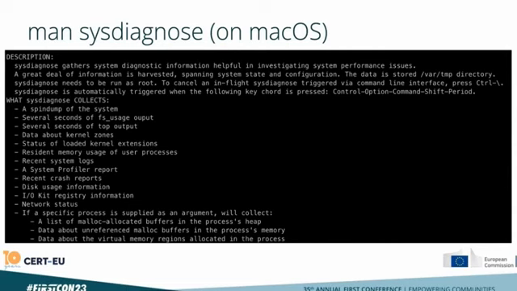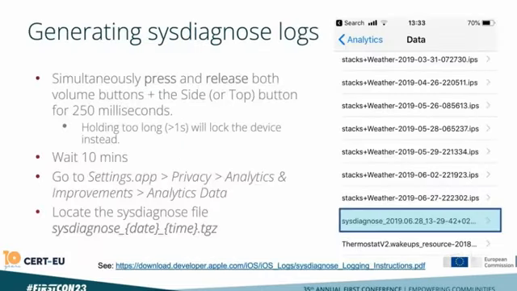So there is some hardware health info and all that, but again, all of that is in an archive. The way you generate it on a mobile is quite tricky, by the way. You need to press, at least on current devices, the volume button and the side button for about 3 seconds. The issue is if you press for too long, you lock the device, so it's a bit annoying.